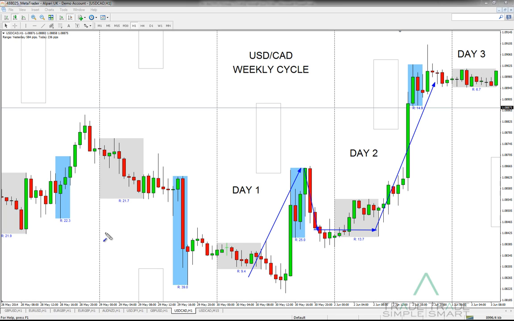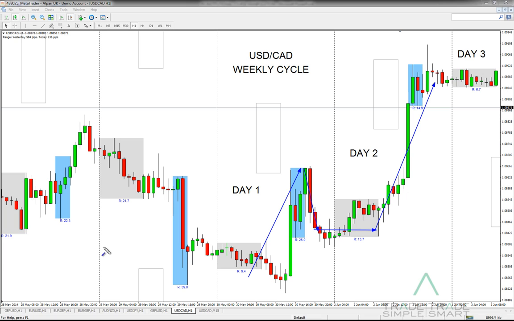Okay, so if on day three, they're going to push the market up for the third and final leg in the weekly cycle, after the Japanese session and the start of the European session, we're going to be looking for levels of manipulation to absorb sell orders.